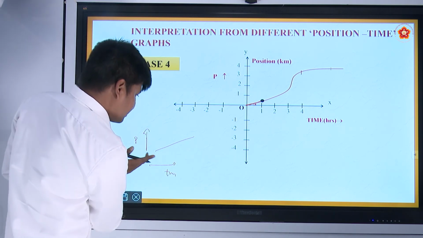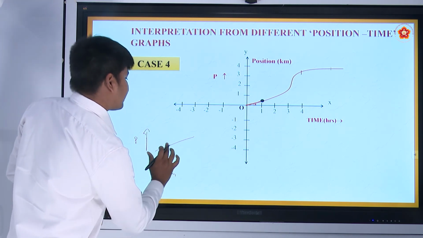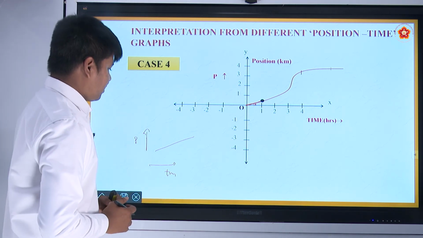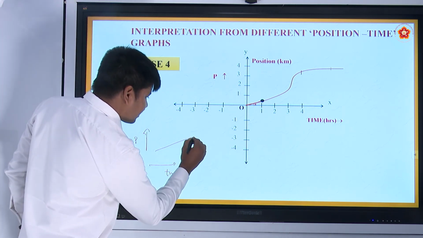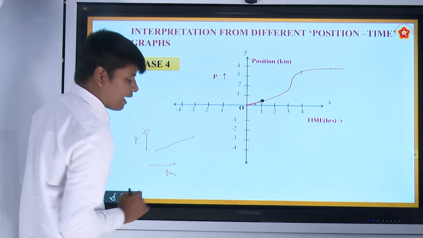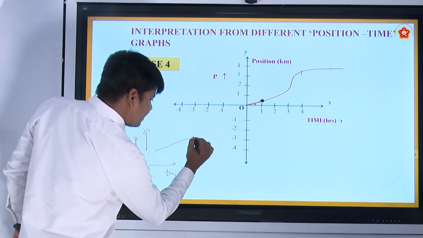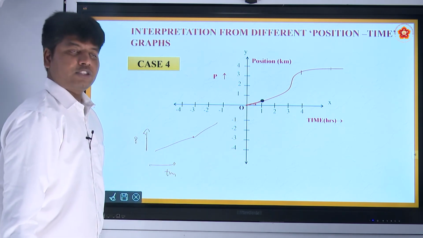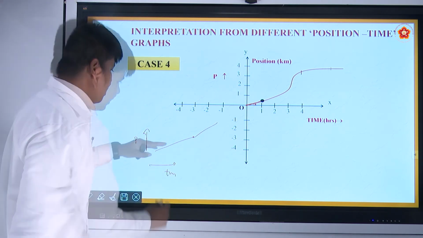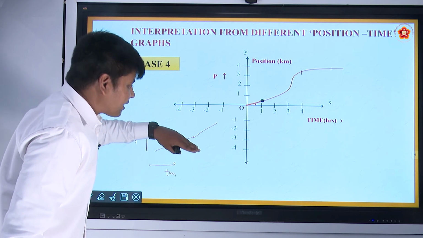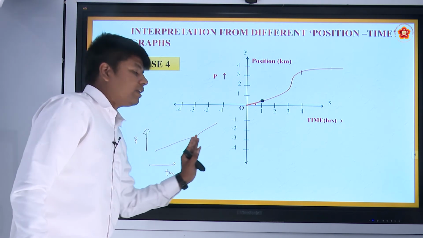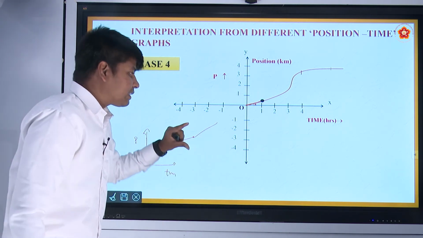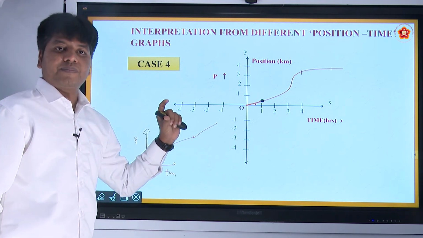As the time increases, the position gradually increases at a slow and steady equal rate. Now after this point 1, what happened? There is a slight increase in the slope. That means there is a slight increase in the rise with respect to the run, so with the increment in time, you see a slight increase in the change in position.